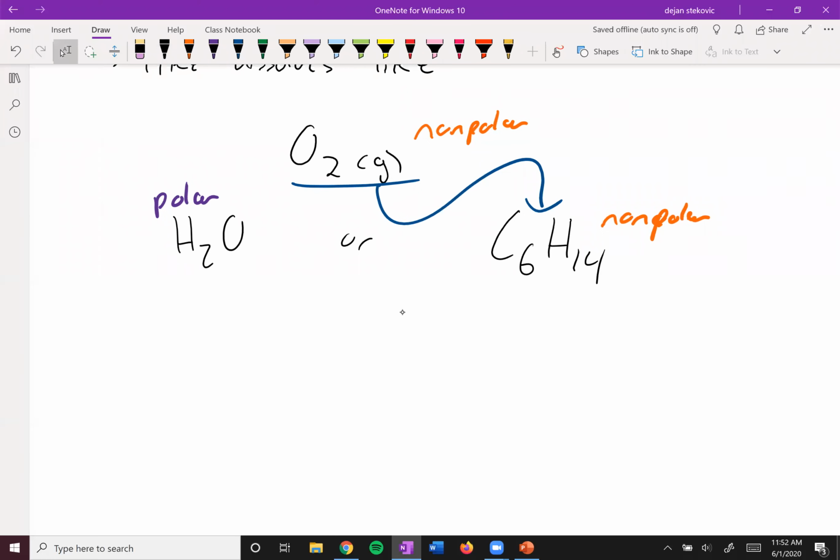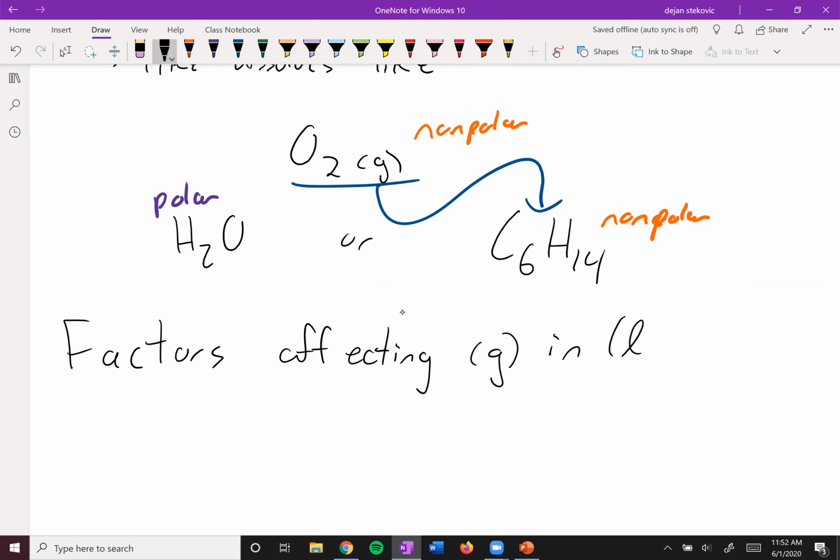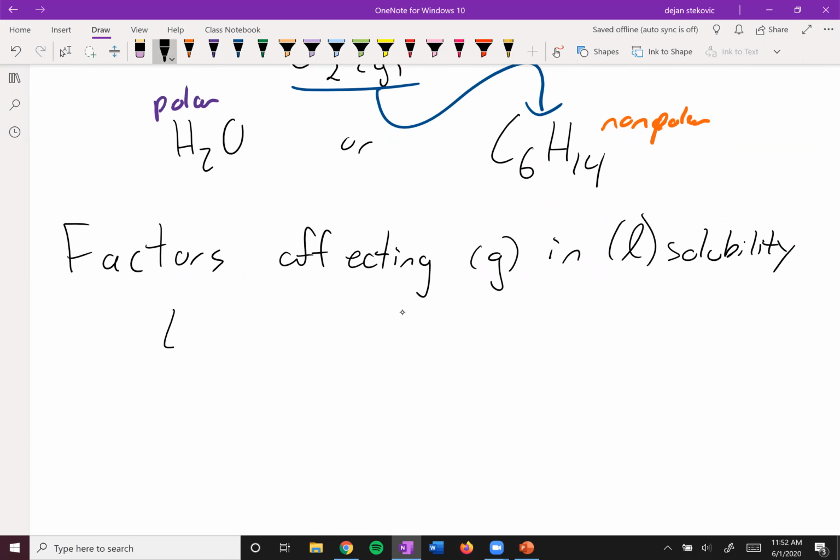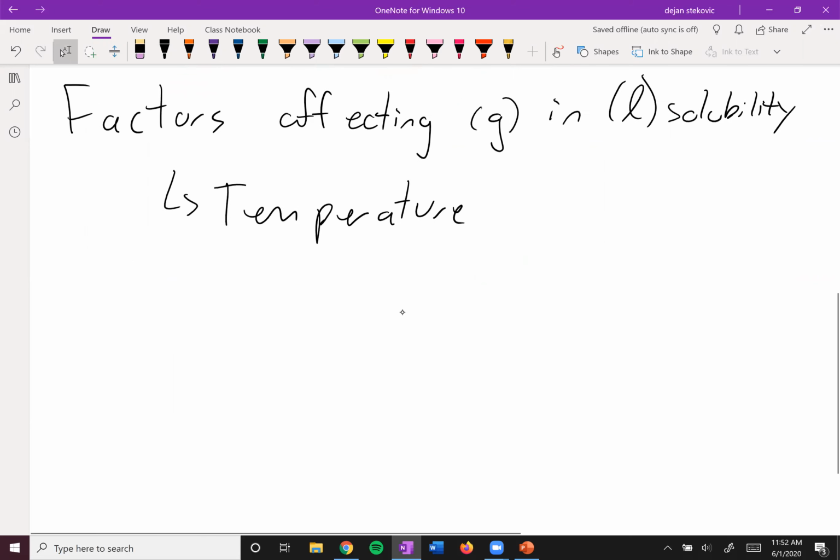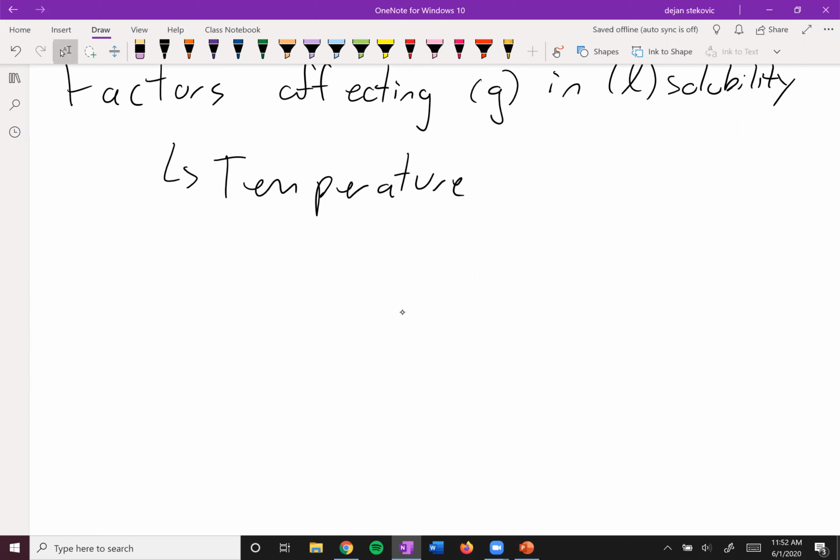But let's talk about some factors that affect solubility other than intermolecular forces. Again, we're talking about gases in liquids. The first one is temperature. Remember, temperature is the amount of energy something has, and what's keeping the gas inside of the liquid is the intermolecular forces between the two.